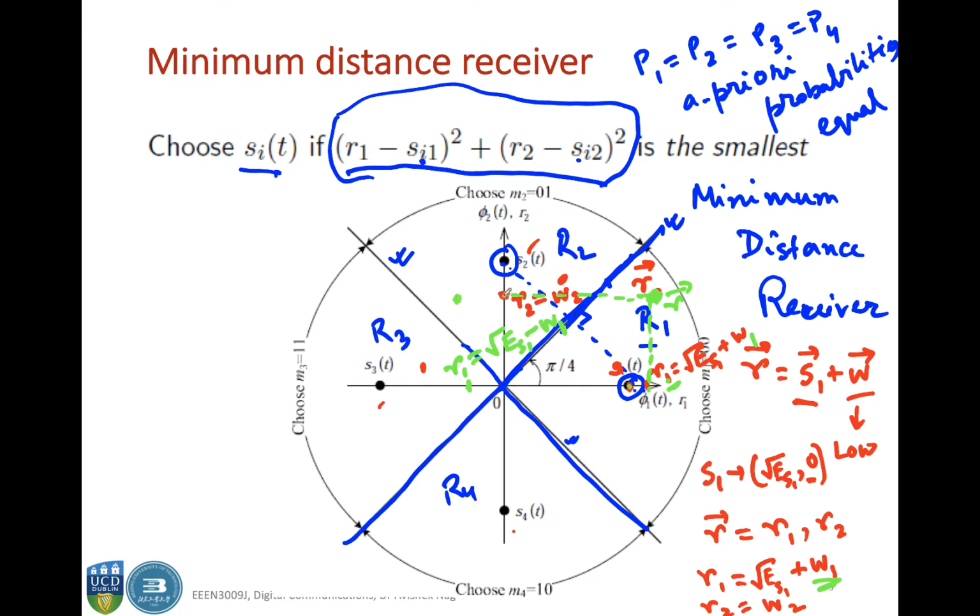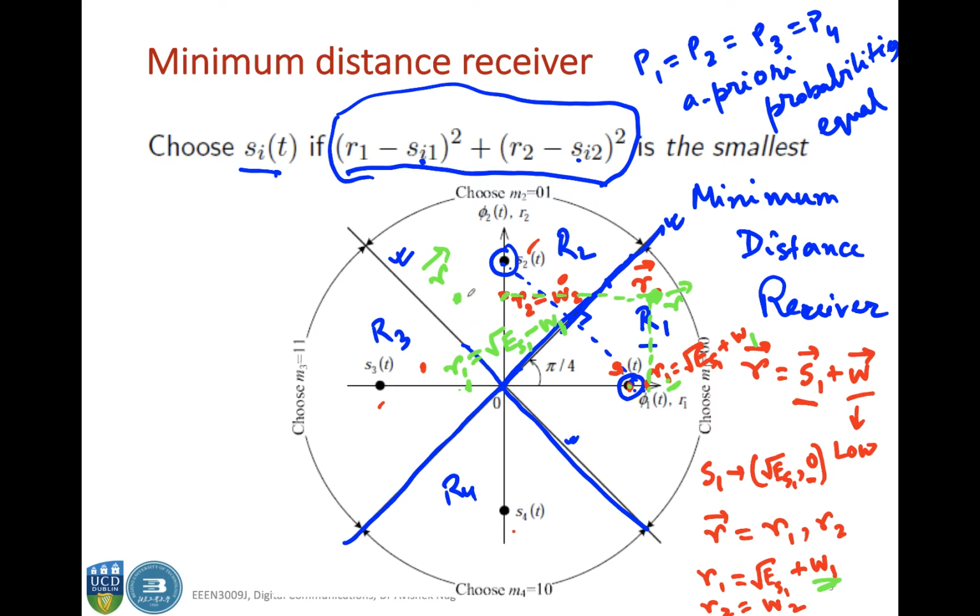Because this is my R2 component. Let's say the R2 component is the same, but the R1 component is here because the first component of the noise is negative. So in that case, my received signal will be here, because this is the R2 component and this is the R1 component.